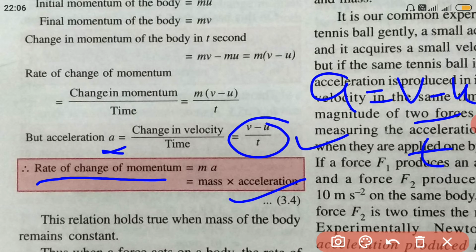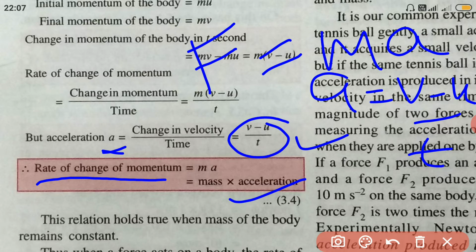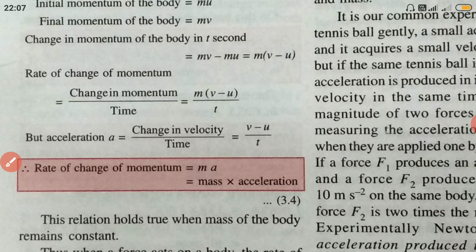Please remember this, we need it afterwards while understanding Newton's second law of motion, because you all know the force formula is mass into acceleration, and the rate of change of momentum formula is also mass into acceleration. These two should be equal, we will prove it afterwards.